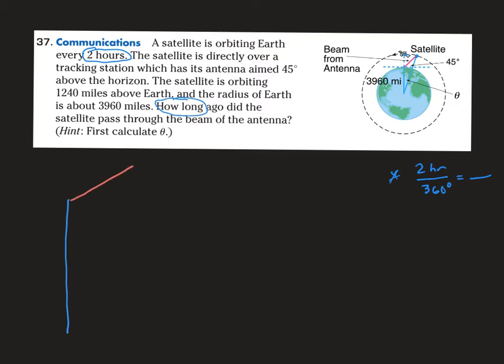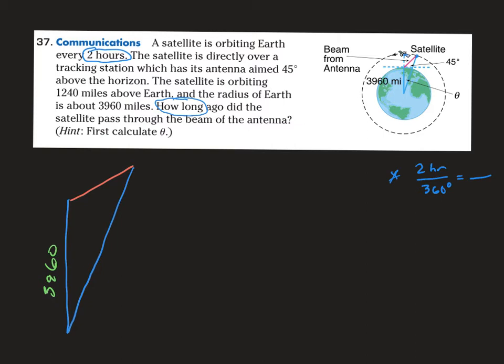But a lot of the information in the story we can use to fill in the rest of this triangle. Remember, this is in a law of sines section, so you figure we're probably going to have to use the law of sines. So first of all, we know that this distance from the center of the Earth to the surface is 3,960. And we know that the satellite was 1,240 miles above the Earth.